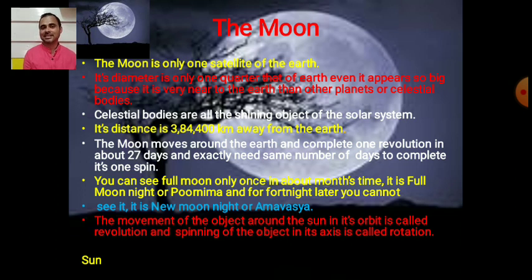Do you know what it is? Yes, I guess you might have already seen it in this slide. That is 3,84,400 kilometers. It means the distance between the Earth and the Moon is 3,84,400 kilometers.